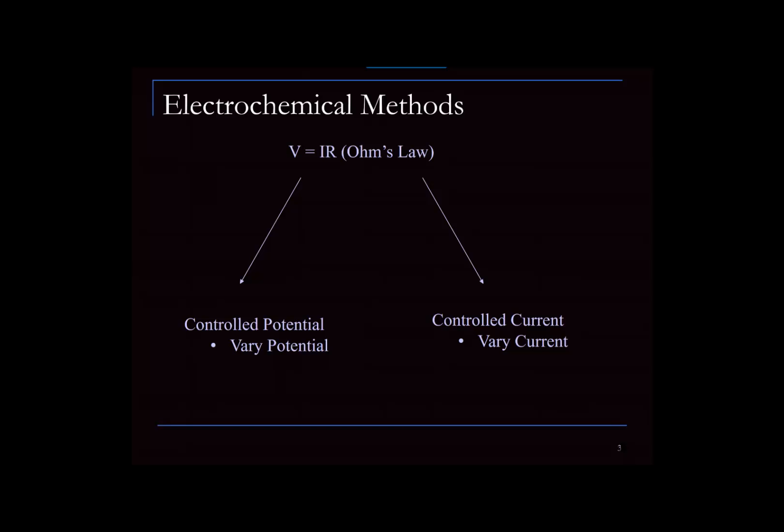We use two different devices in order to affect these experiments: a potentiostat in the case of a controlled potential method, and a galvanostat in the case of a controlled current technique. Today, most electrochemists own electrochemical workstations which are capable of functioning both as a potentiostat and a galvanostat.